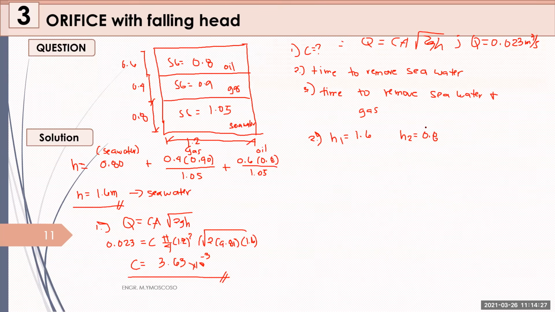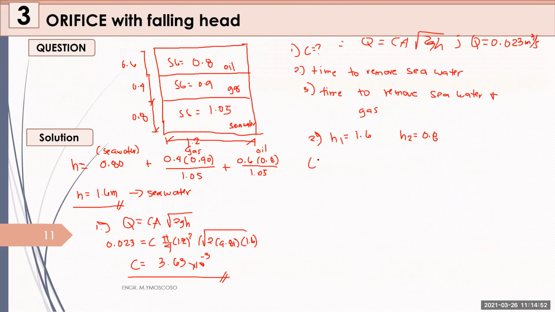Kasi yan lang naman yung height ng original na seawater natin inside our tank. Okay? So, pag sinabing seawater, hindi natin masasabi na lahat-lahat na ito i-flow na natin, no? Matatapon na siya. Hindi. Okay? Ito yung kinonvert natin na height considering that all the fluid is as one, but your H2 that is considered as the original height of the fluids inside.